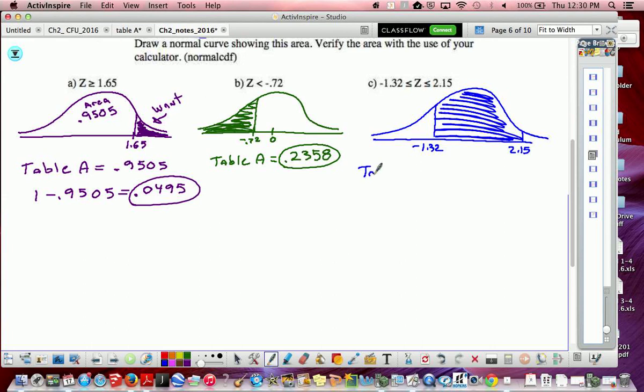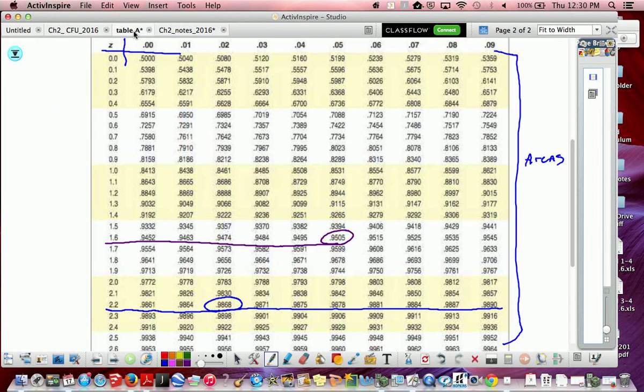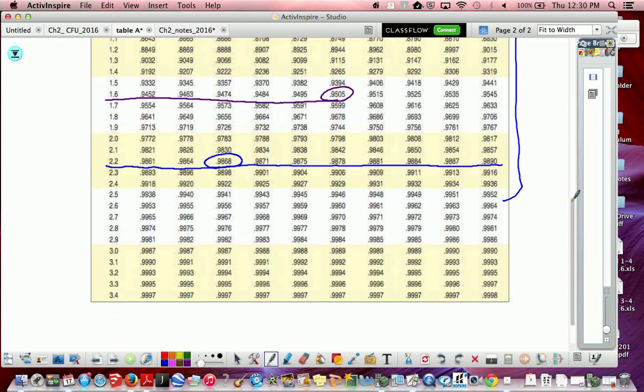So if I'm looking at table A, okay, if I'm looking at the z-score equals 2.15, that gives me an area of, if I go to my table A, it's like 0.89 something, is it, or 0.9 something? Okay, so 2.1, was it 5? 2, 3, 4, 5. 0.9842.